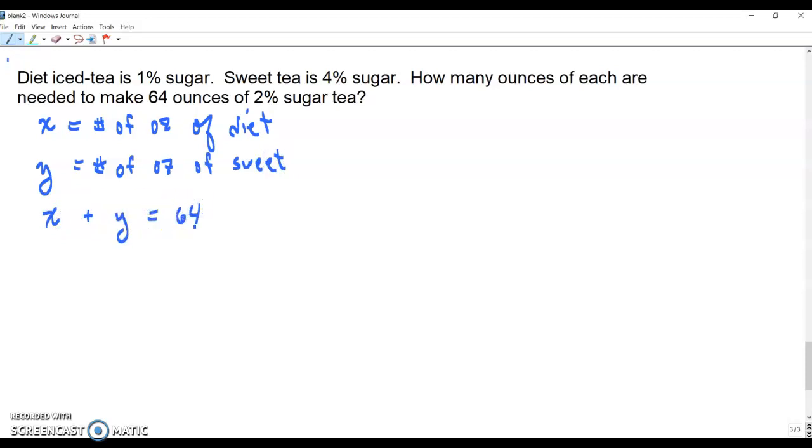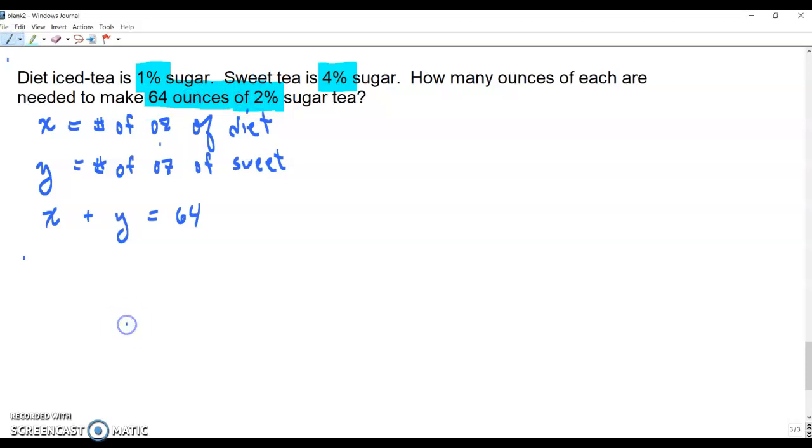And then I want you to think for a moment. I'll just give you a pause. You can pause the video if you like. Think about what your second equation is going to be. You've got your different concentrations and your concentration of the total.